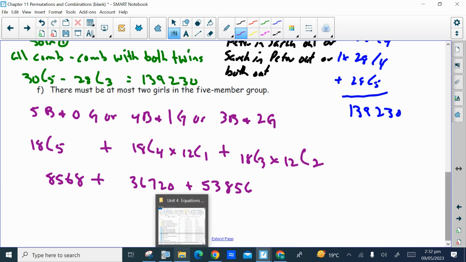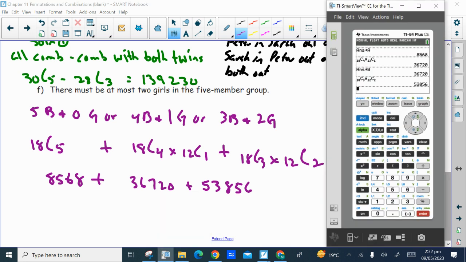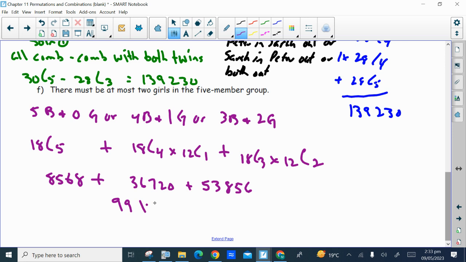And now we'll add those 3 together. So that number plus the number in memory slot A and the number in memory slot B. 99,144 is our answer.